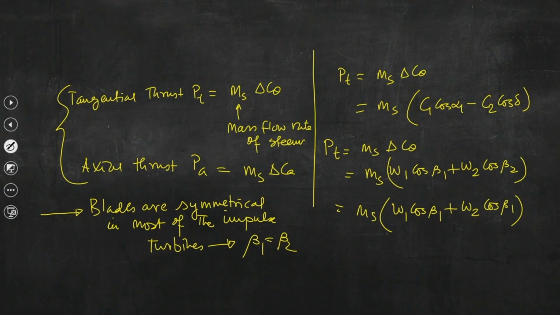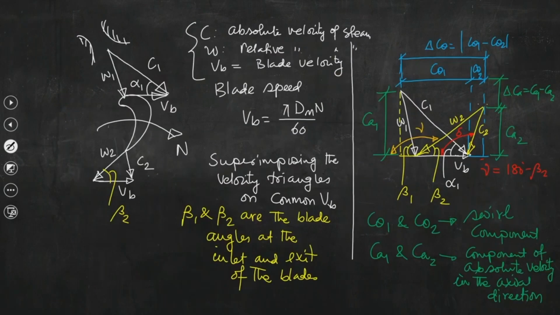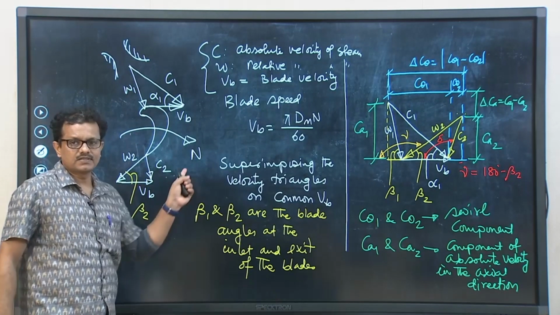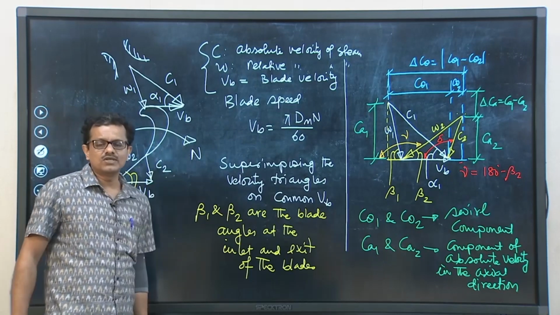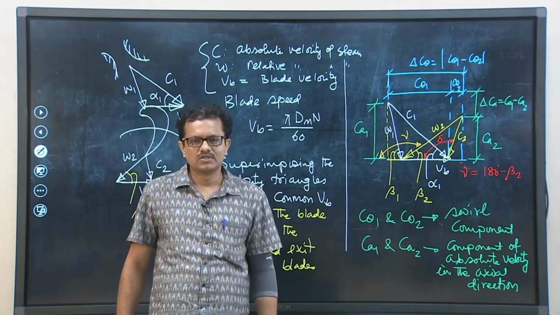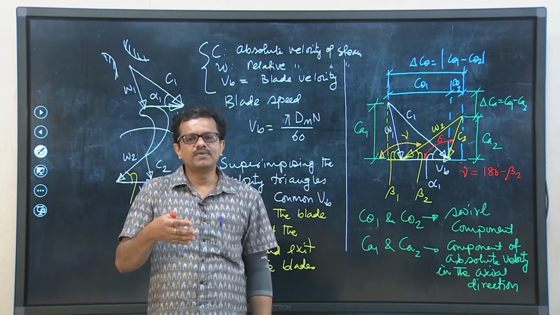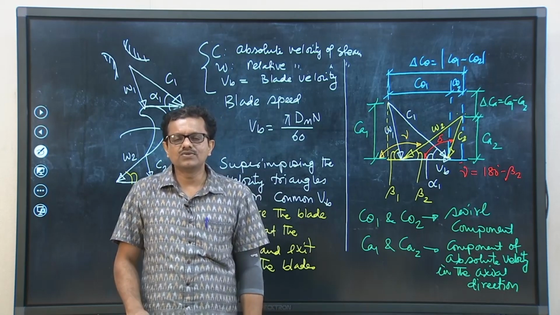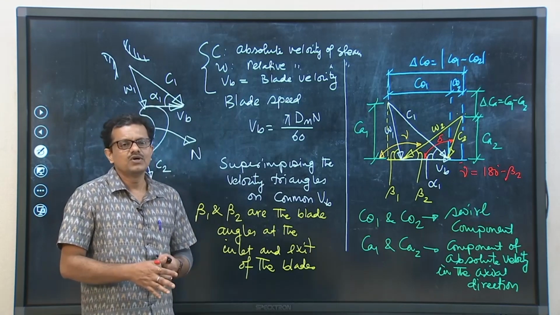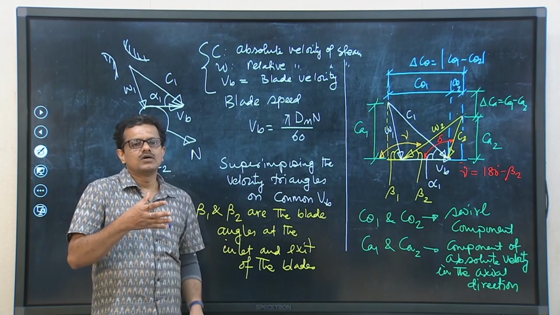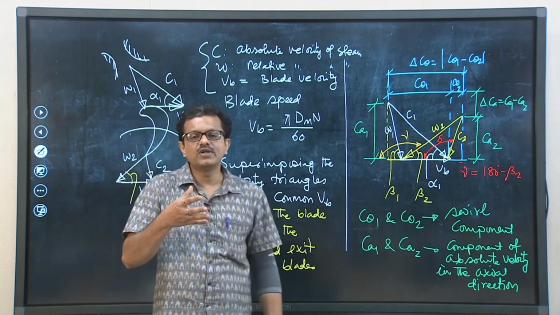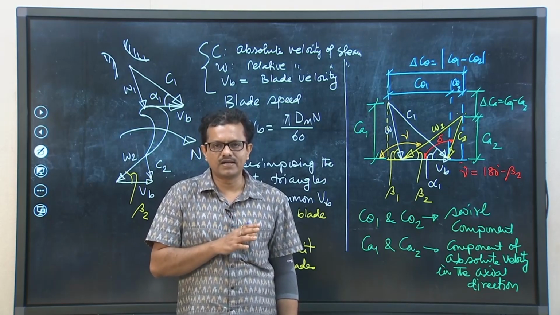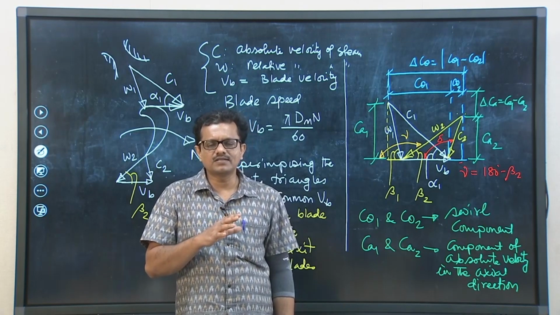See, when steam is entering the blade passage and leaving the blade passage, these two relative velocities W2 and W1 are not the same, though we are calculating the blade speed based on the mean diameter. It is due to the friction that the steam jet will encounter while passing through the passage between two blades, which also depends on the roughness of the blade surface.